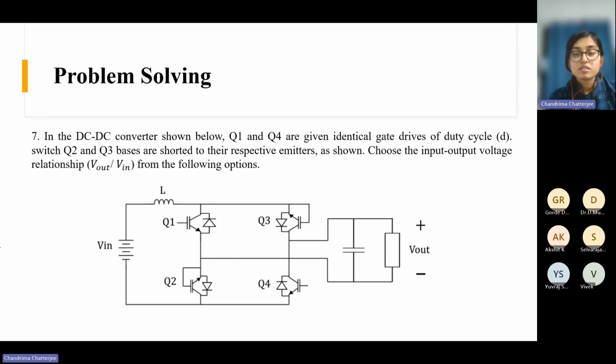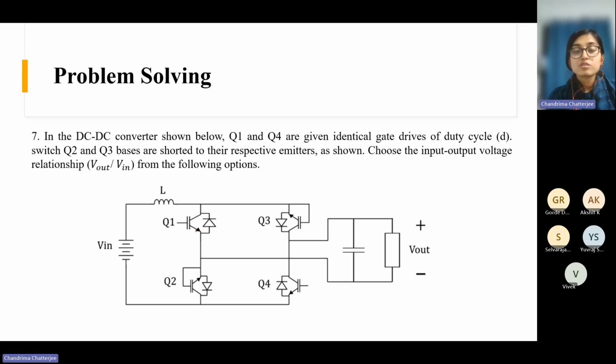Yeah, so let's see this question. In the DC-DC converter shown below, Q1 and Q4 are given identical gate drives of duty cycle D. Switch Q2 and Q3 bases are shorted to their respective emitters. Choose the input-output voltage relationship.